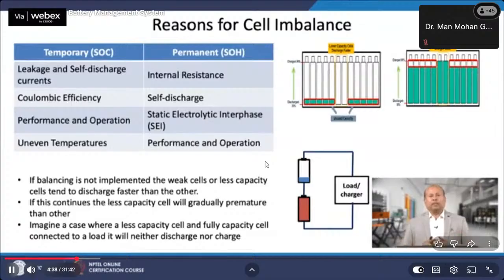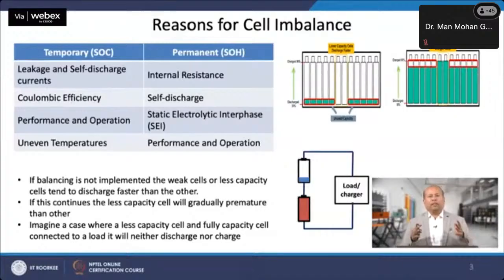The permanent causes of cell imbalance include internal resistance change, self discharge rate, damage to the solid electrolyte interface, and capacity differences.